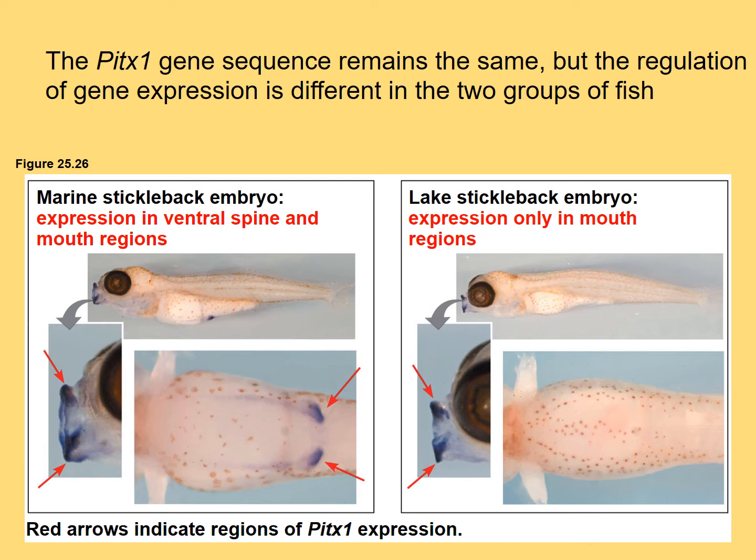However, in the marine stickleback, you can see the PITX1 gene being expressed in the ventral region where those spines would be located or are being developed. It is not expressed in the ventral region in the lake stickleback. So you can see a difference in the regulation, or expression, of genes can affect characteristics or body forms of different organisms.